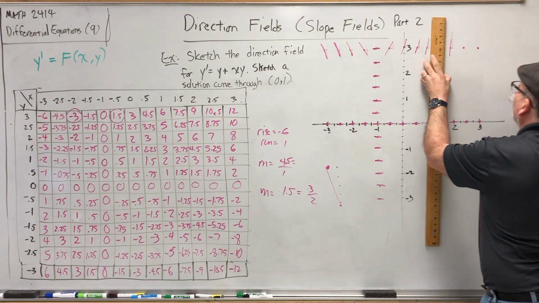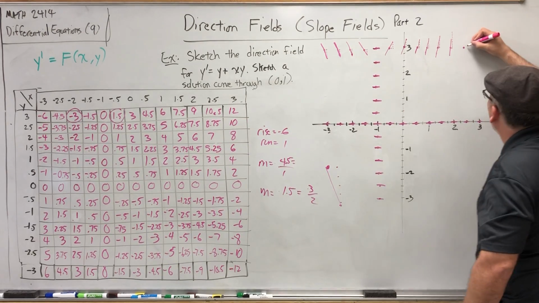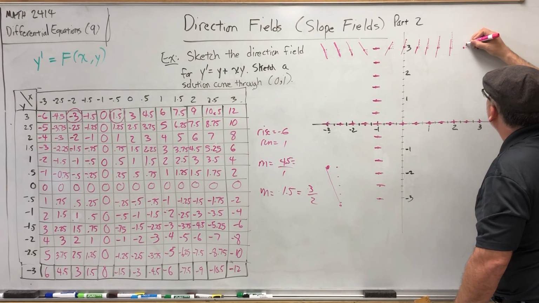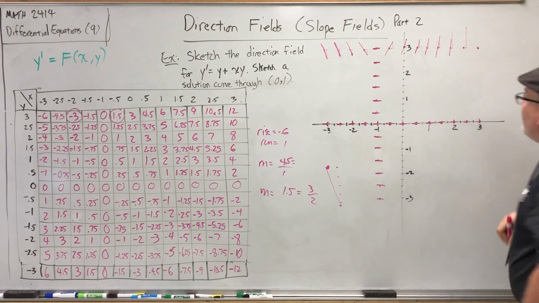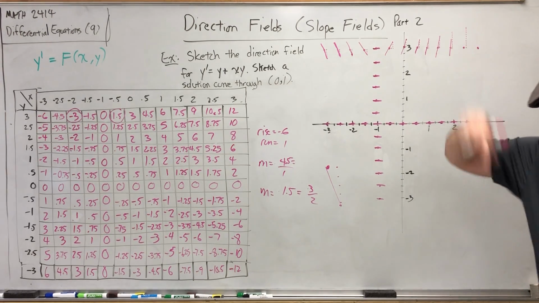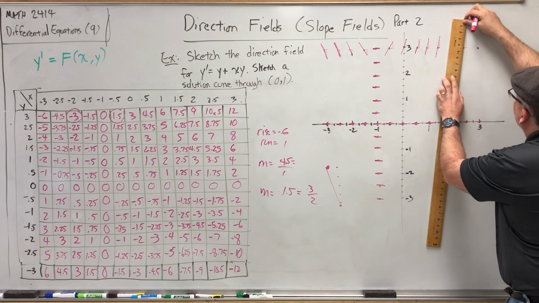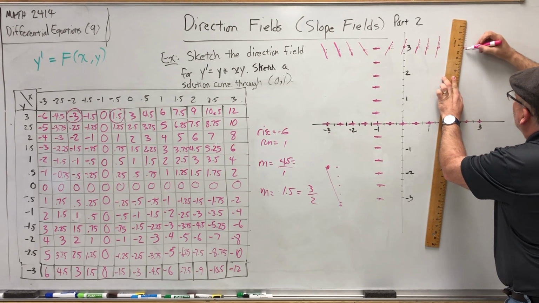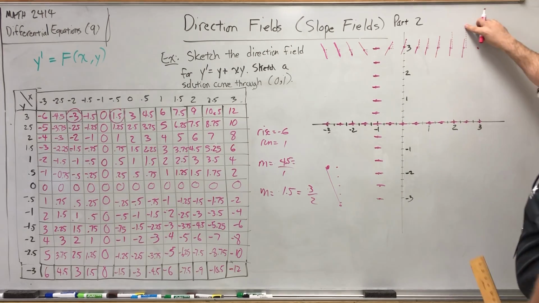It's about like that. 10.5. Over 1, up 10 and about a half. And by the way, if you're using graph paper, you've already got it lined out. Just remember, you don't have to connect all the way to the last dot. You just have to put a straight edge on them. Make sure you go through the middle point because that's really where the slope is.